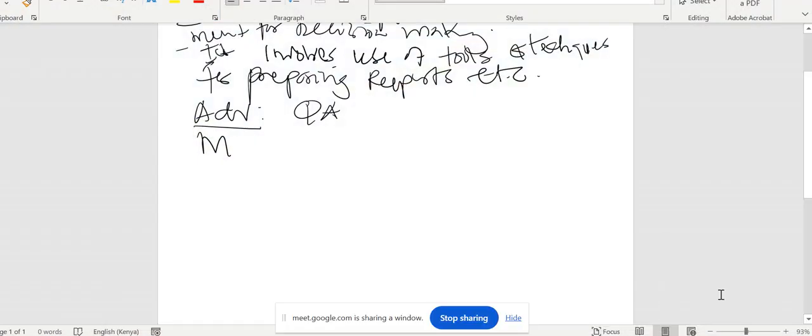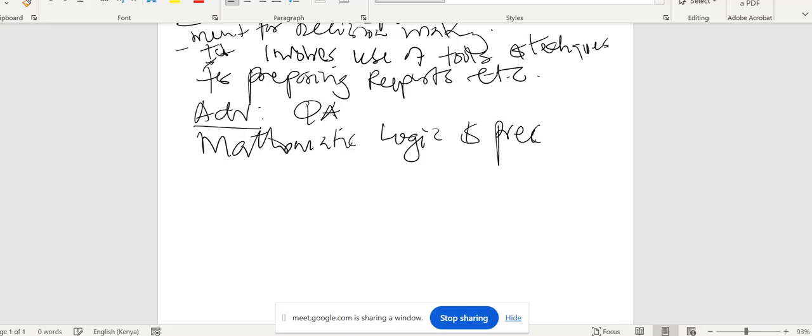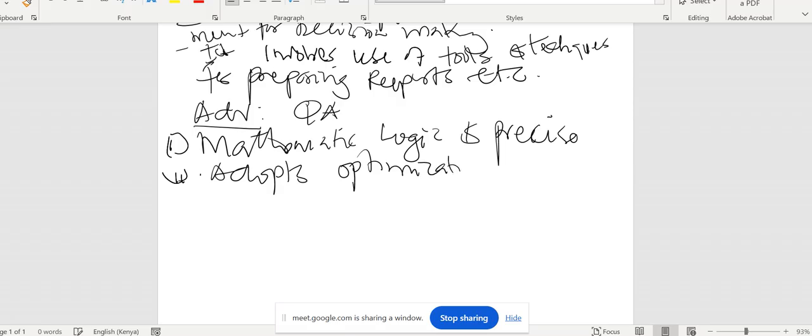So here we say used for mathematics, logic, and precision. That's one. Roman 2, it adopts optimization.